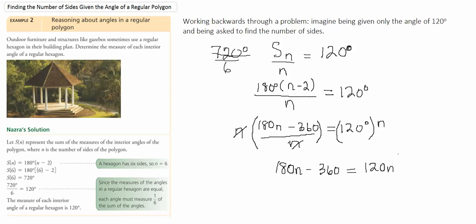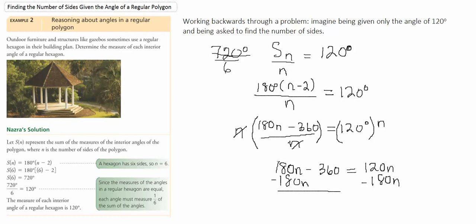Now we're in a situation where we have an equation with variables on both sides. So I am going to subtract 180n from both sides of the equation so that I can eventually isolate n. To isolate n, we have to have n in one spot.